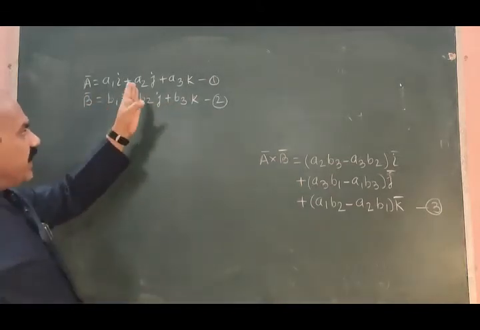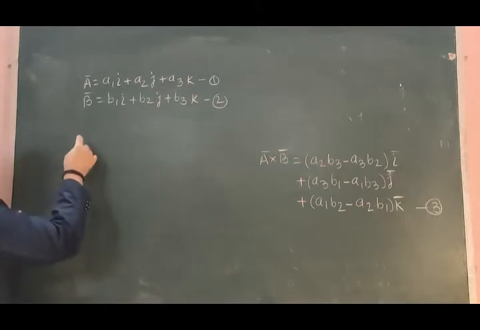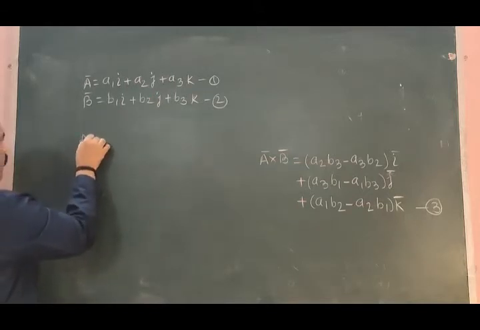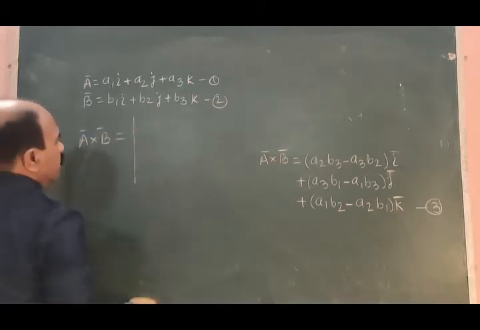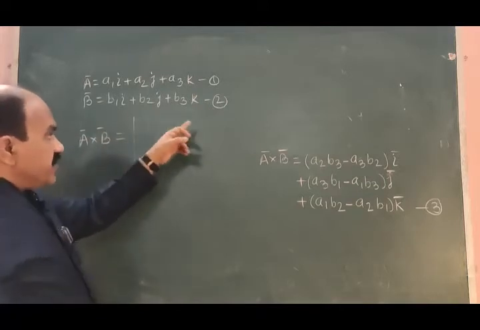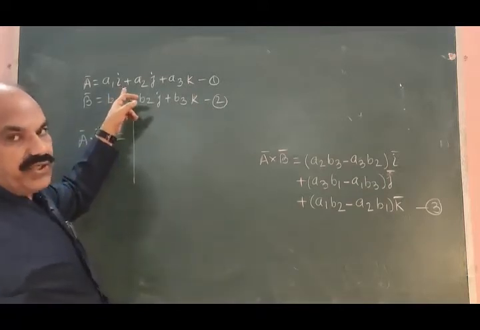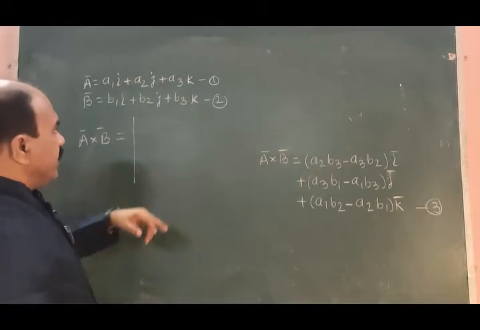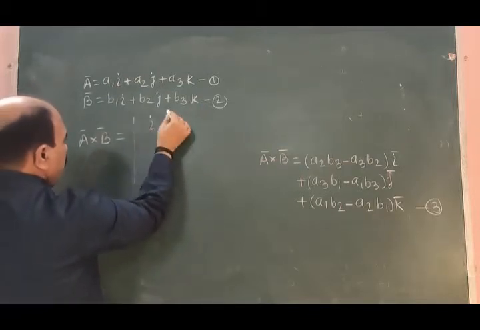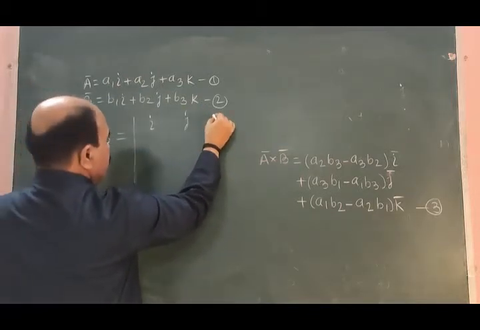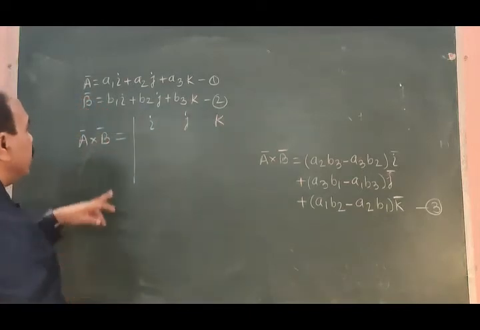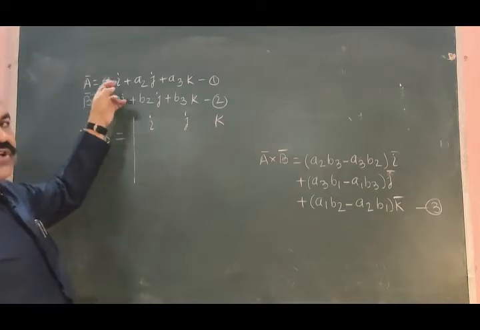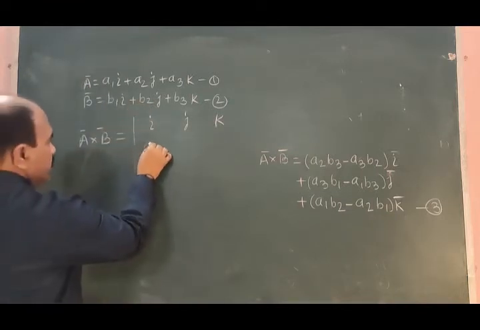Now, how to write cross product of these two in vector form? Vector A cross vector B is equal to, in the first row we have to write the unit vectors I, J, K. Then components of vector A in the second row.